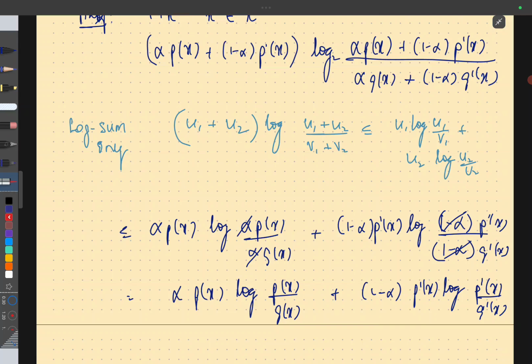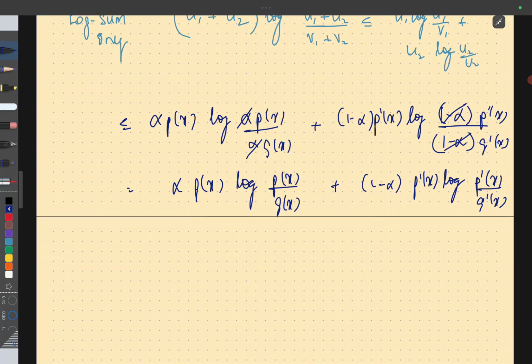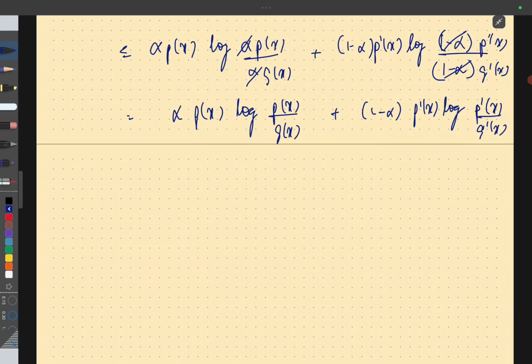So this proves that the KL divergence is convex in P and Q, but it also gives us some derivative results automatically. We know that the KL divergence between Px and the uniform distribution is equal to log cardinality of x minus the entropy of Px.